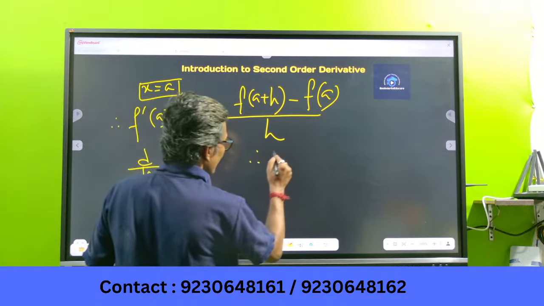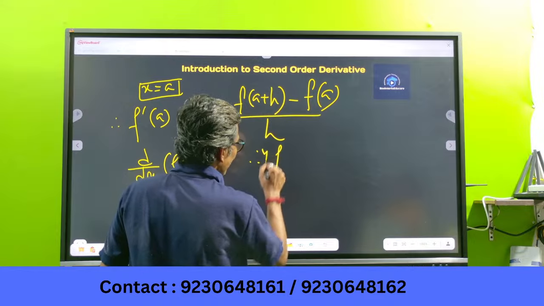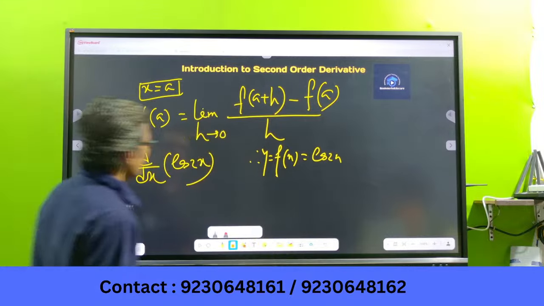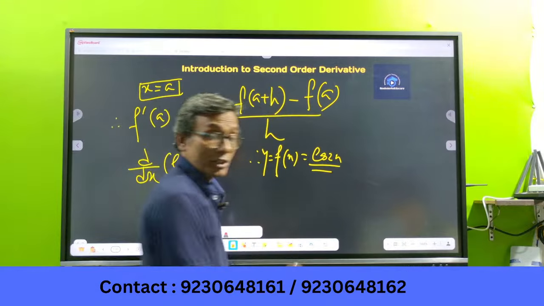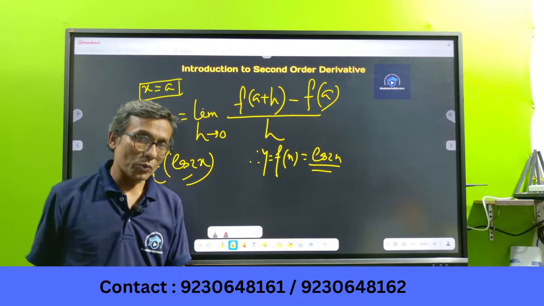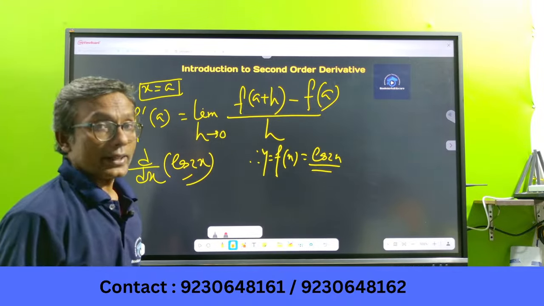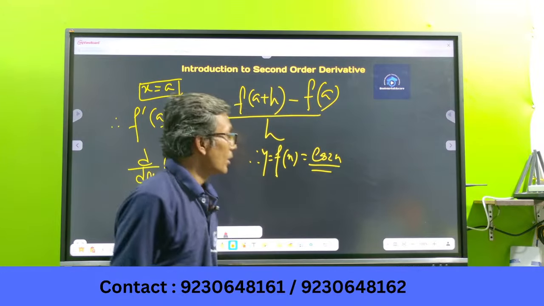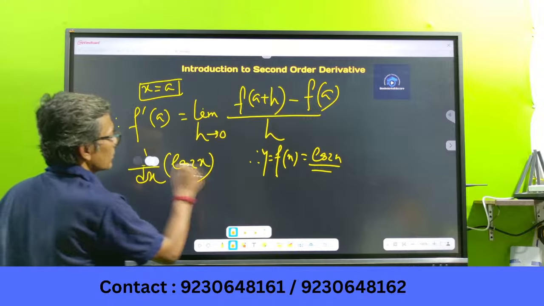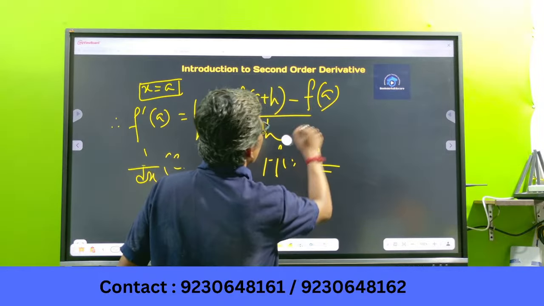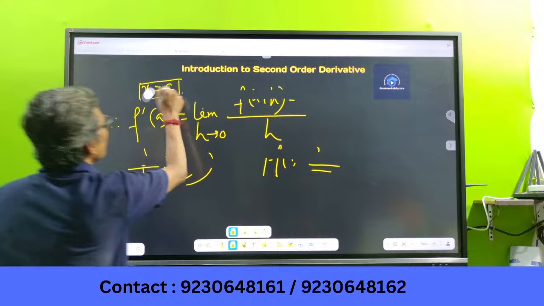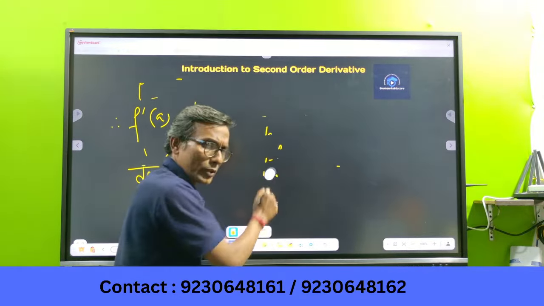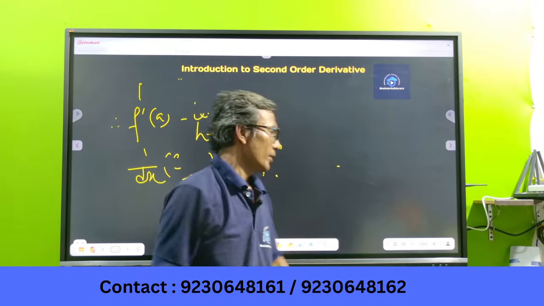Now the function is y is equal to f of x is equal to cos 2x. Here the trigonometric function is 2x. So I am going to find out the formula for the derivative of cos 2x at any point x.